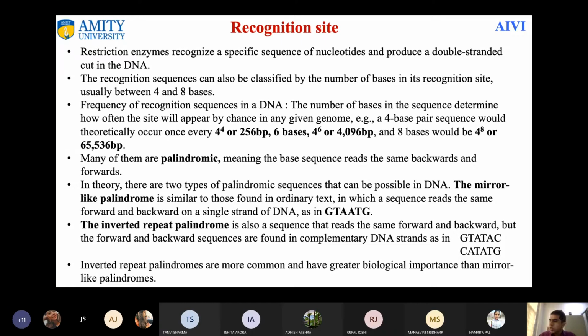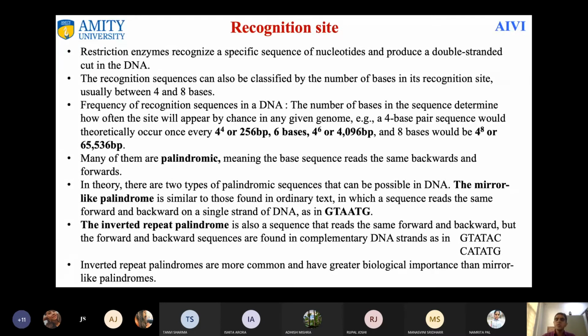When talking about DNA, the location means the nucleotide sequence, where that nucleotide sequence is present. So the recognition site for your restriction enzyme is a DNA sequence in your double-stranded DNA where the restriction endonuclease is going to break, or digest, the phosphodiester bond.